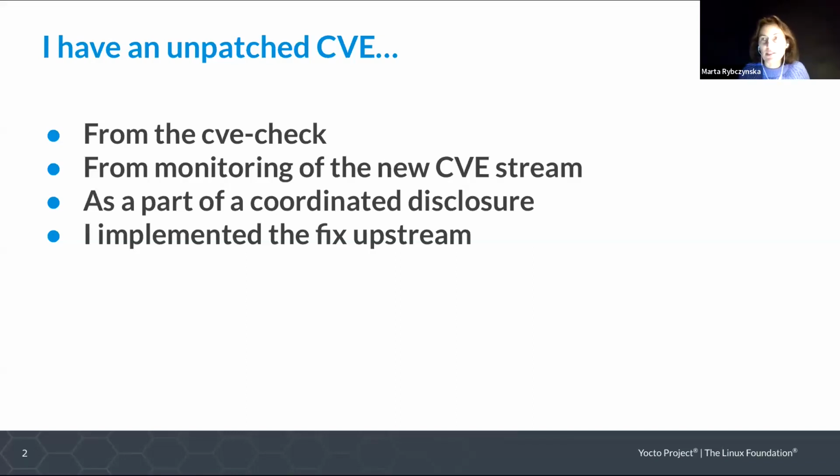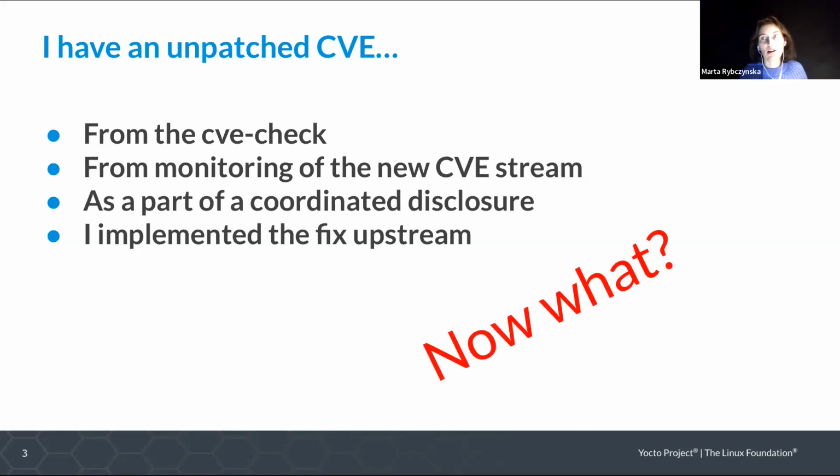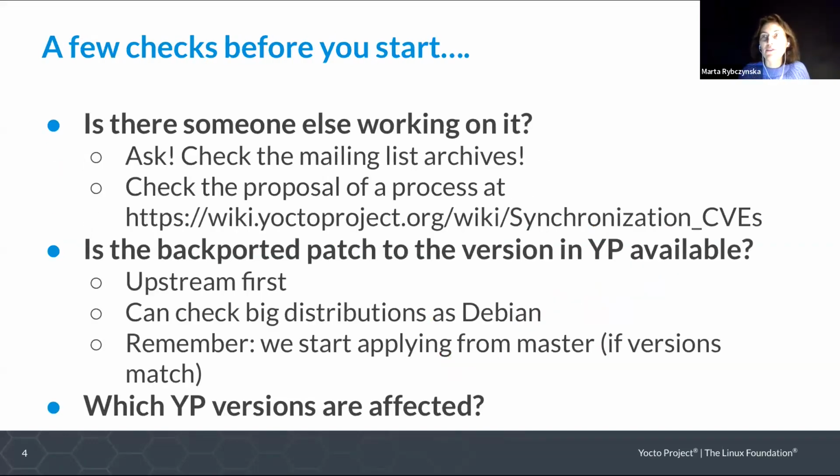We have quite many situations. We have your fix, and now, what do we do now? A few things before getting a Git clone to work. First thing to look into, is there someone else already working on this fix?